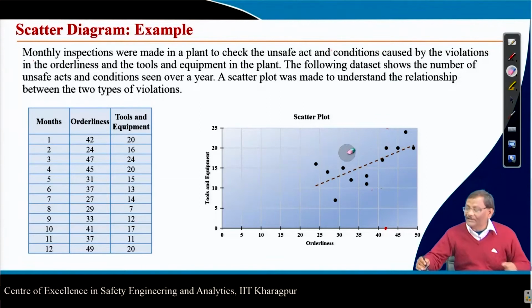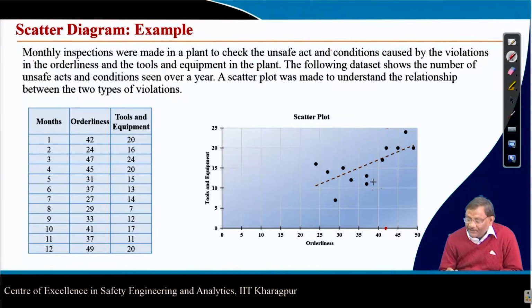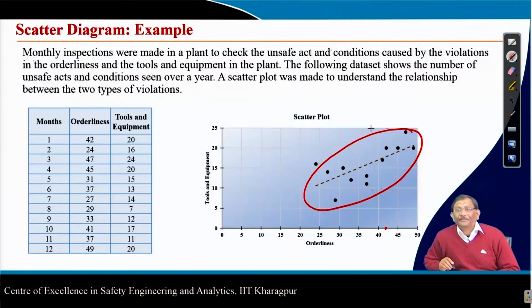As I told you, the scatter diagram talks about the relationship between two variables. Here, in this particular case also, you see a very interesting pattern is observed. What is the pattern? Orderliness, because we are talking about these are basically unsafe acts and condition.